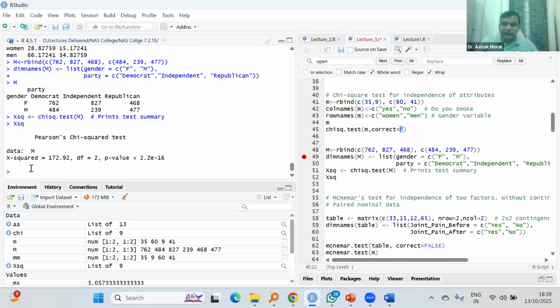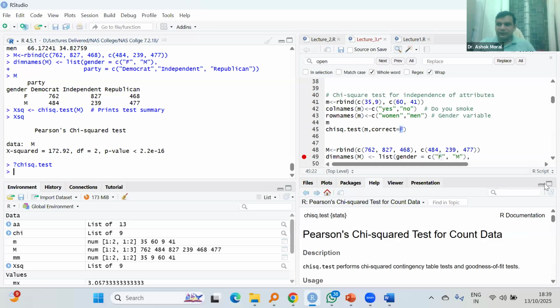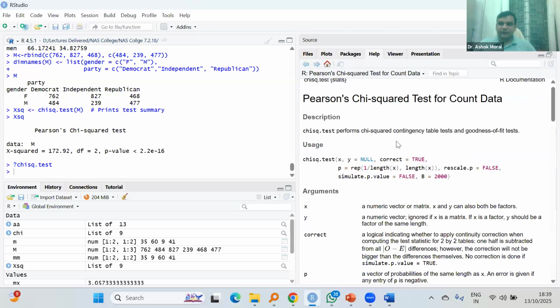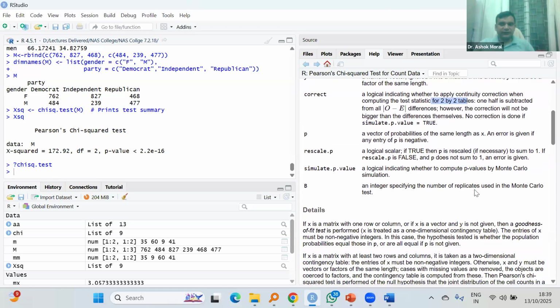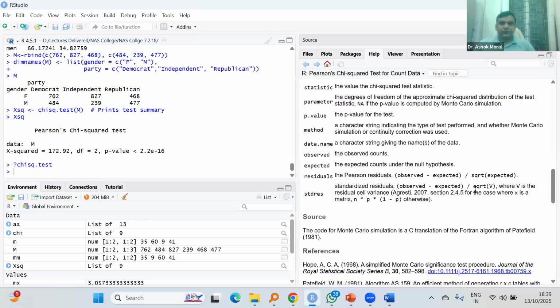If you see chisq.test question mark, yes, this is applied only when computing the test statistic for a 2x2 table. If no correction is specified, then it automatically does it. Is it clear?